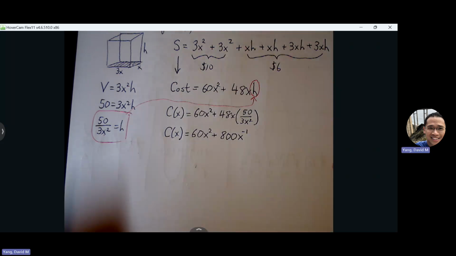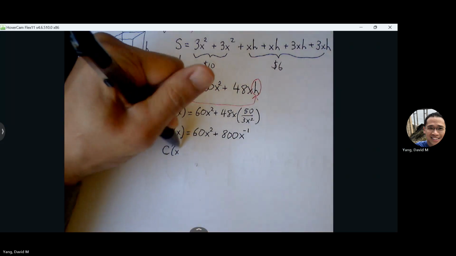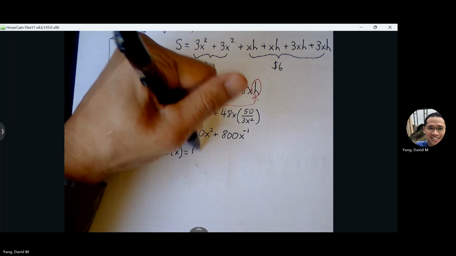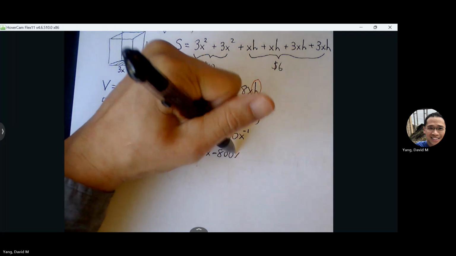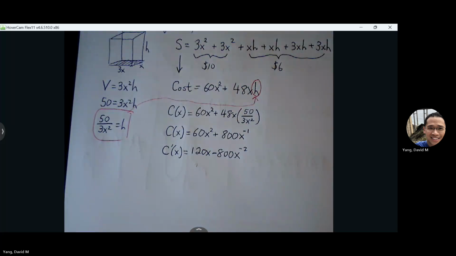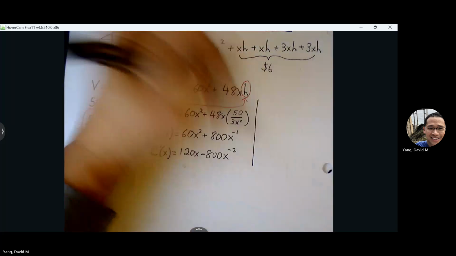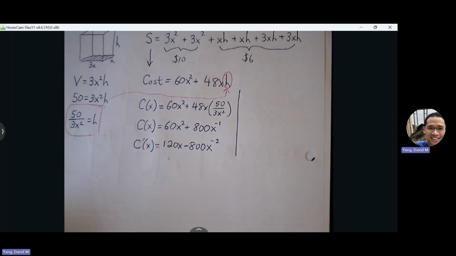So now I'll find C prime, and set equal to 0, and then algebraically try to find a way to solve for x.